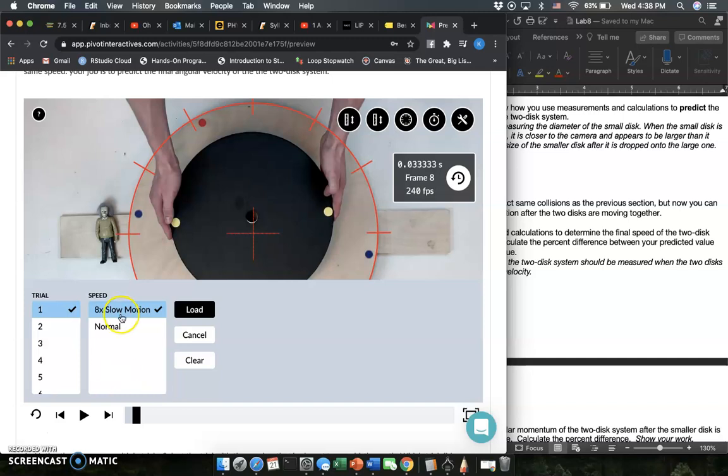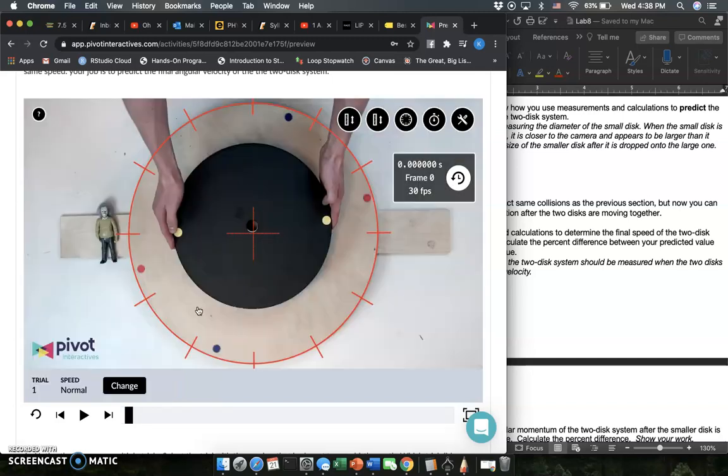Okay, so if I change this back to normal, what I can do is I can watch these dots and see how far they go in terms of radians, so the angle, and then measure the amount of time that it took for it to cover that distance.